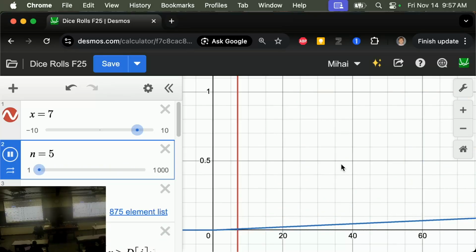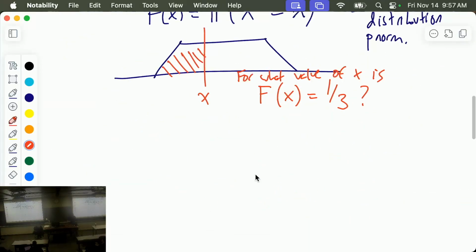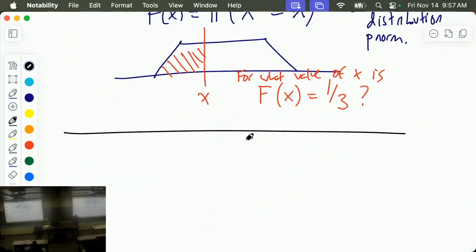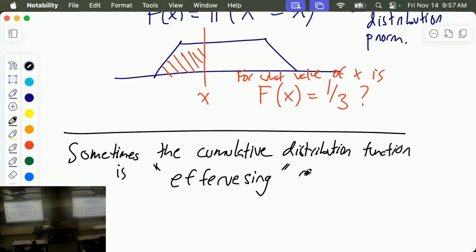And this is a real problem. This is a real thorn in our side. We're going to write this down as our next little moral. So sometimes, the cumulative distribution function is, a fun word I read once, effervescing away.